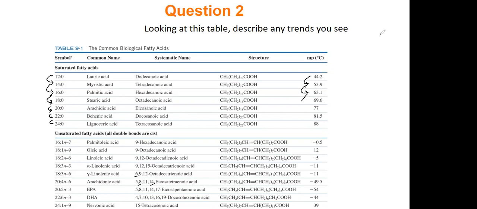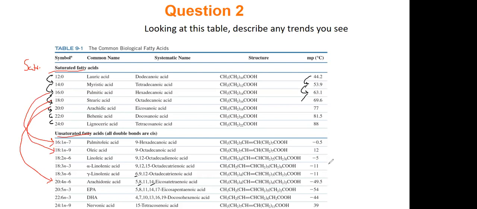Another trend, saturated versus unsaturated. If you look at saturated versus unsaturated, compare 16:0 to 16:1, compare 18:0 to 18:1, compare 20 to 24. If you go from saturated, which we're looking up here, to unsaturated, melting point goes down.